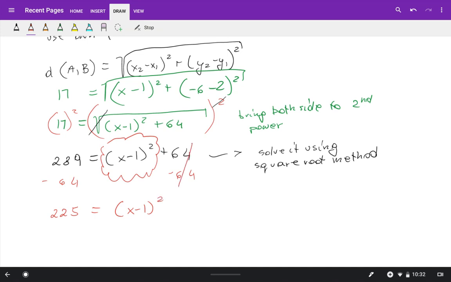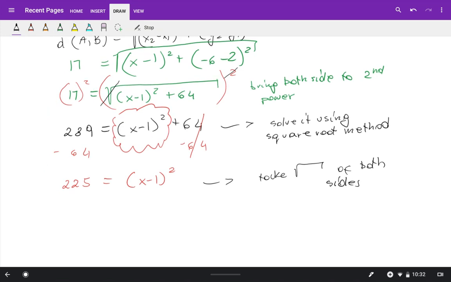And now to solve that, just take the square root of both sides. Okay, so this is the square root method.